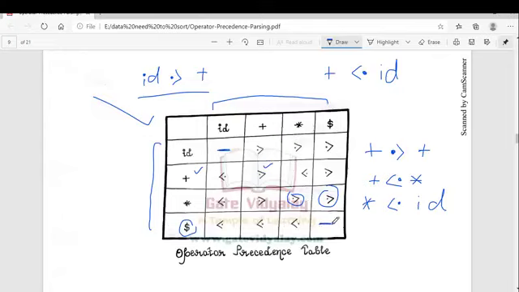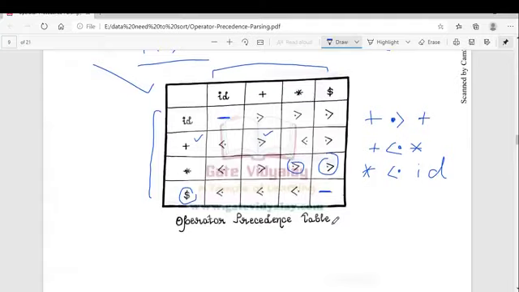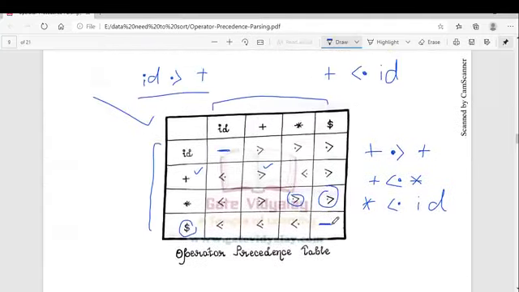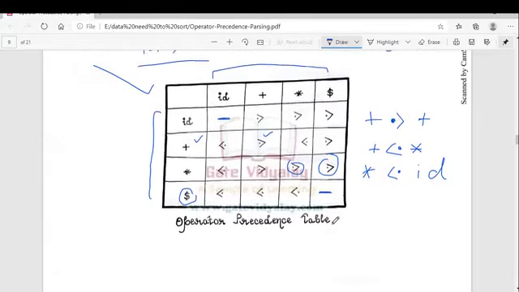It's a rule that id always has the highest precedence and dollar sign always has the lowest. Through these rules we can construct our operator precedence parser.